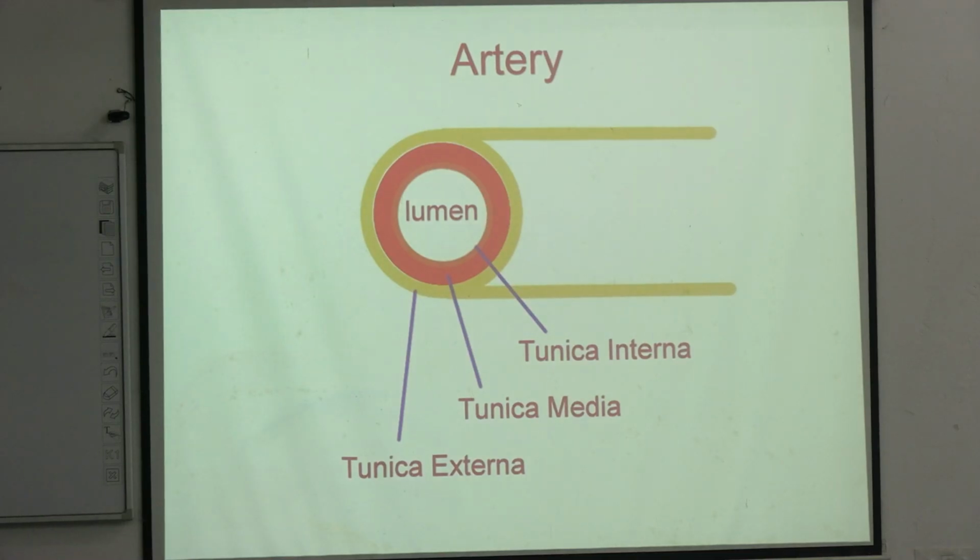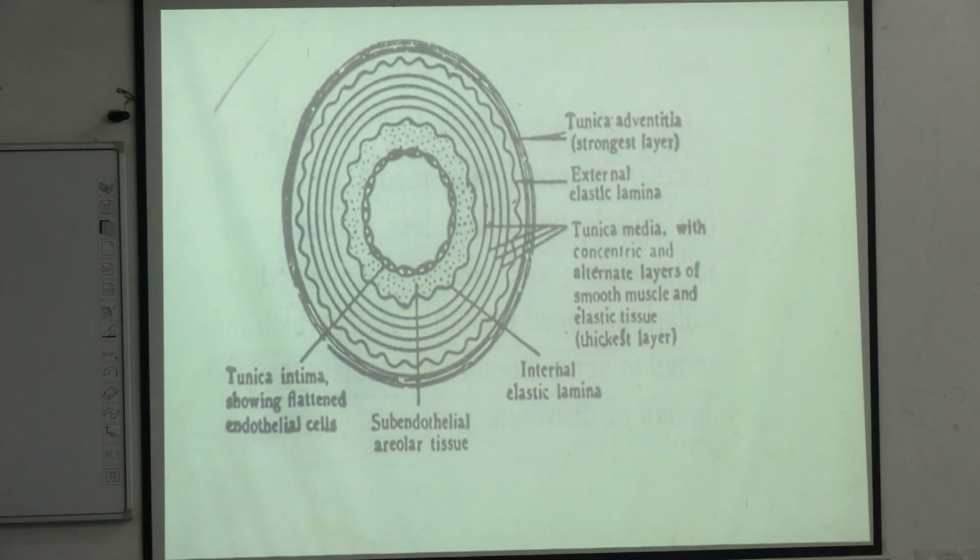Now see the artery: this is the lumen, the Tunica Interna, Tunica Media, Tunica Externa. This is the Tunica Intima showing flattened endothelial cells, subendothelial areolar tissue, internal elastic lamina.